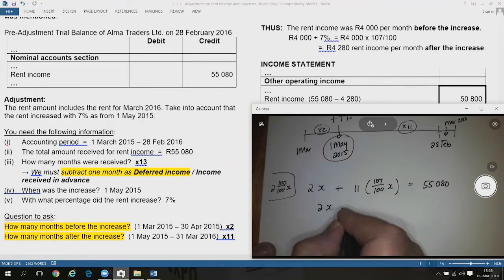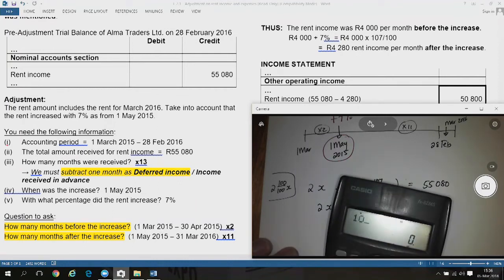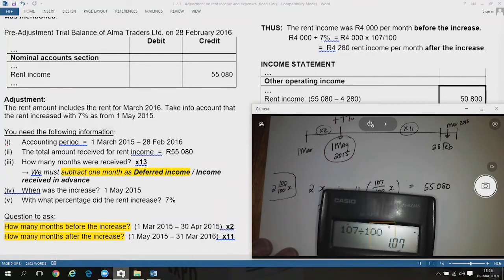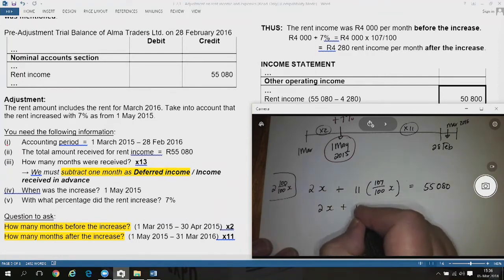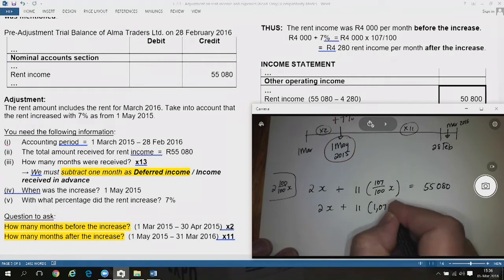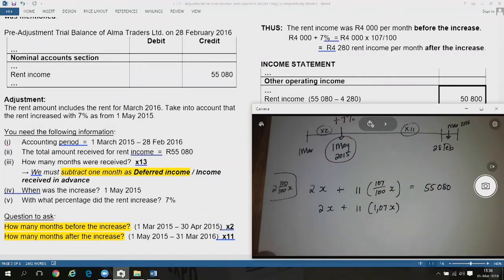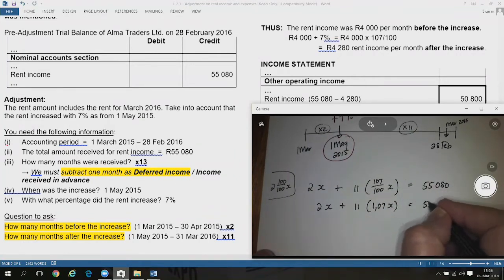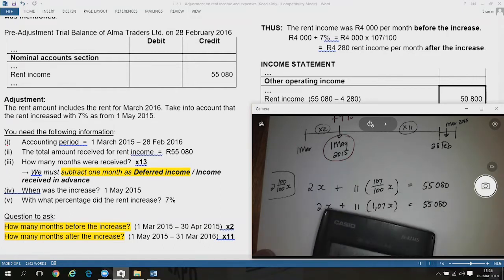2x stayed 2x plus, now you say on your calculator, 107 divided by 100 gives you 1,07. Okay, so that is 11 months at 1,07x gives you 55080. Now you say on your calculator, 11 times 1,07.